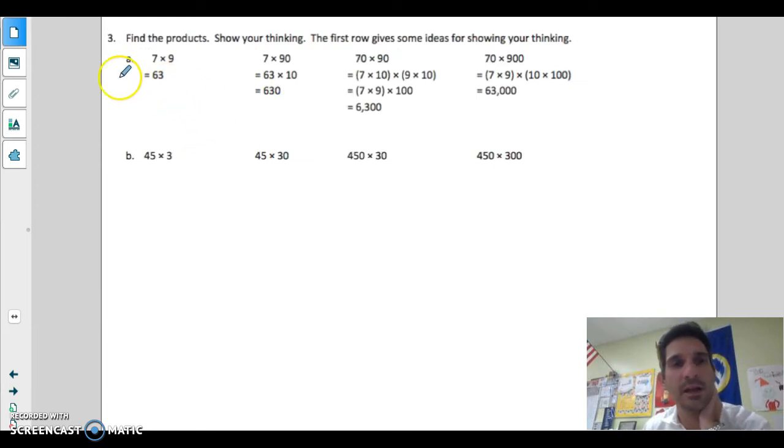Now, here is find products. Show your thinking. Look at A. A is your model. So 45 times 3 is, well, 40 times 3 is 120. 15 times 3 is 15. So you got 135. So that's like our basic fact right there.